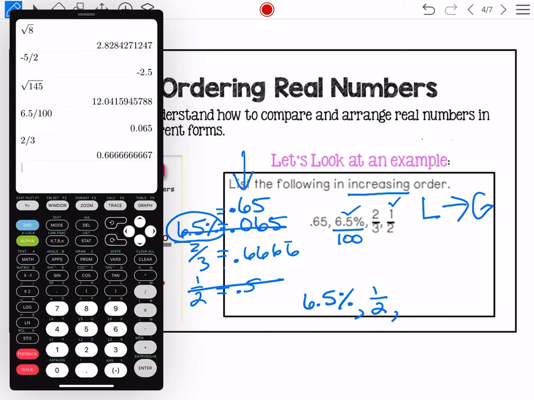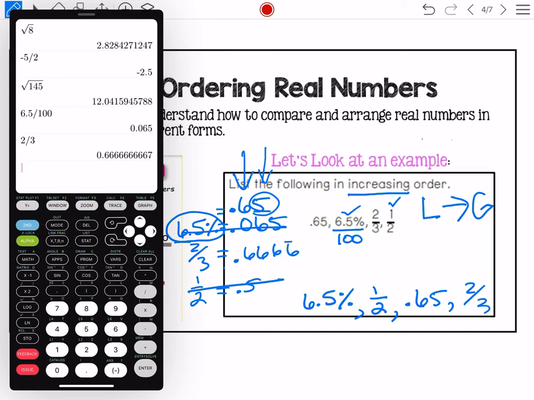So when we have the same number in the same place value, we're just going to keep moving place values. So now we're going to look at the hundredths place. We have 5 and we have 6. We know that 5 is smaller than 6. So that's going to be our next, 65 hundredths, which leaves us with 2/3 as our largest number.